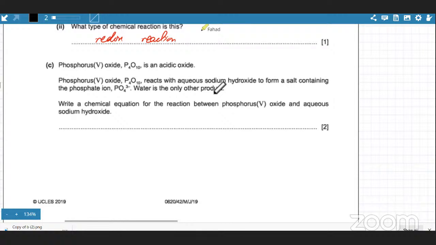So let me write the reaction. It's going to be P4O10 specifically, plus NaOH.